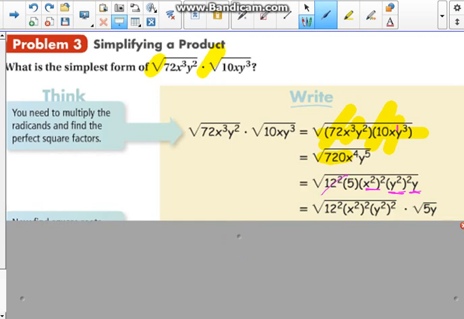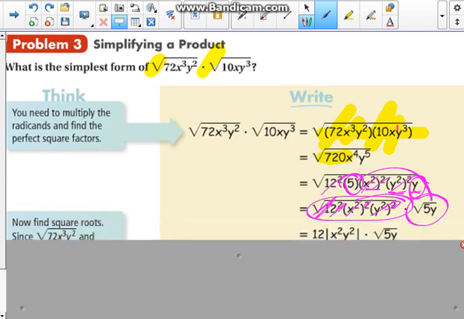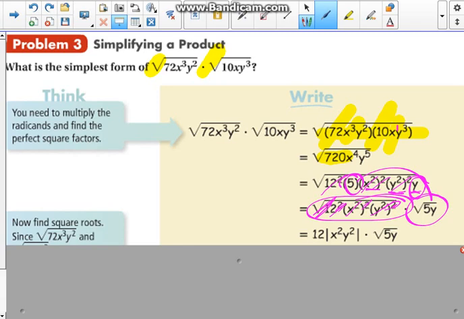So we've got our 12 squared, x squared squared, and our y squared squared. And we're just left with our 5y. So the 5y goes over here, and all the squares come over here. Now that we have all of these squared, we can remove the squares and clear the radical. And it leaves us with our radicand 12 times the absolute value of x squared y squared.